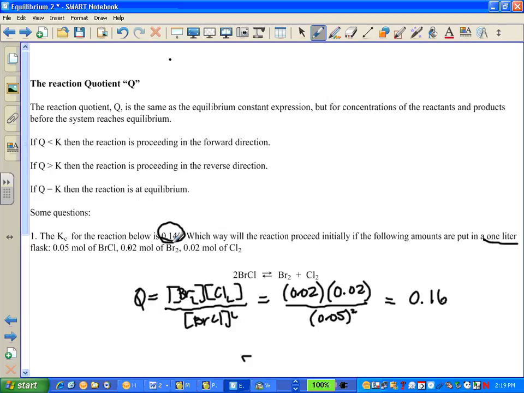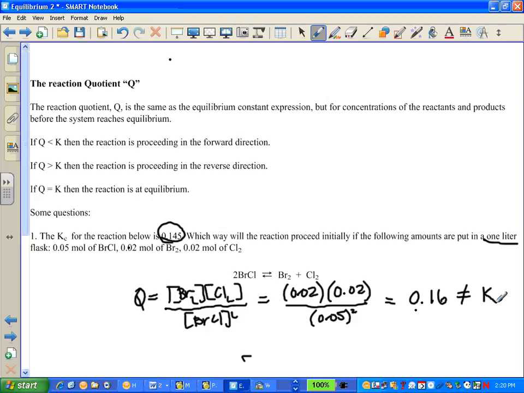In this case, we know that it's not at equilibrium because the value for Q is not equal to K.